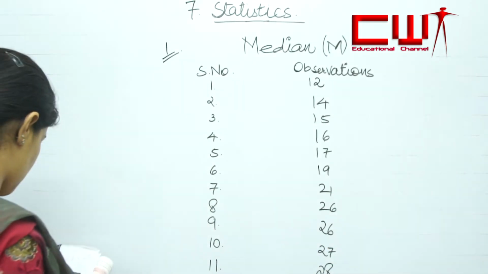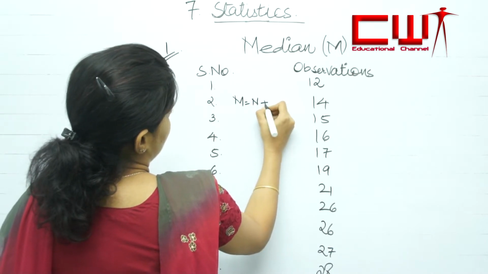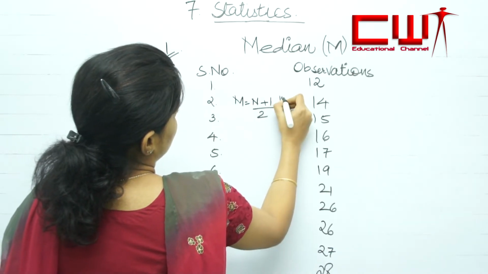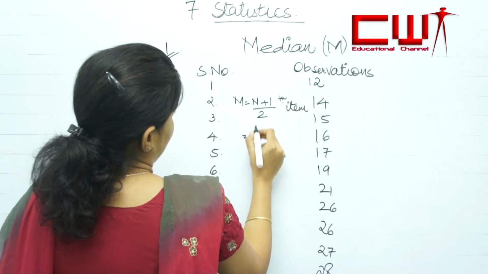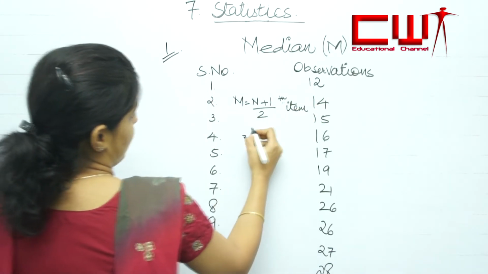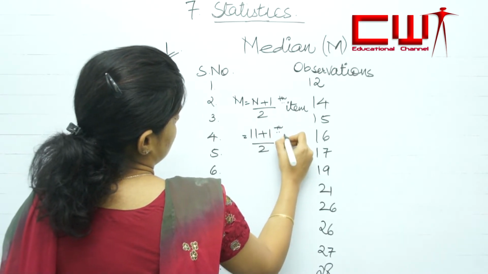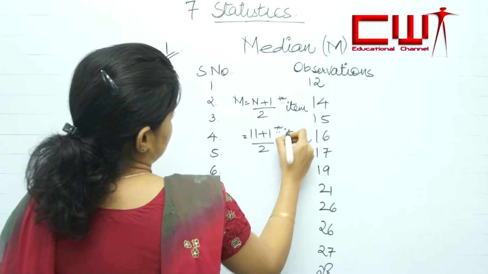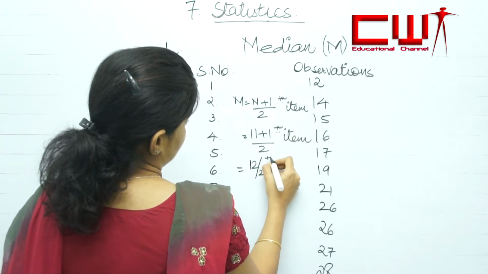You have to find out the median. Put the formula: M equals (n plus 1) upon 2th item. N is how much? How many numbers? 11. 11 plus 1 by 2th item. So 11 plus 1 is 12, by 2th item.